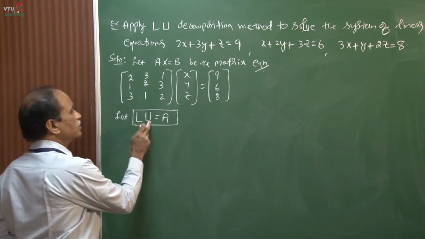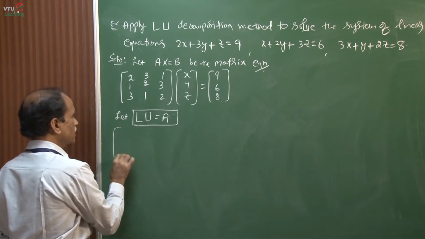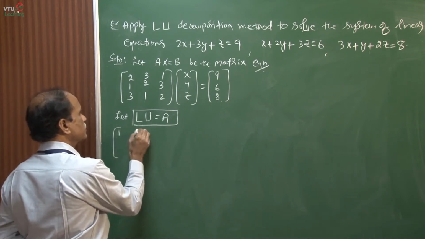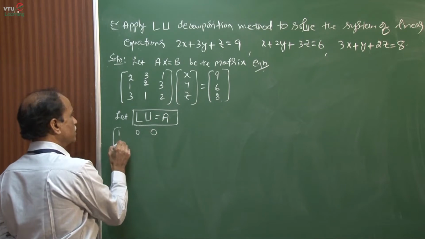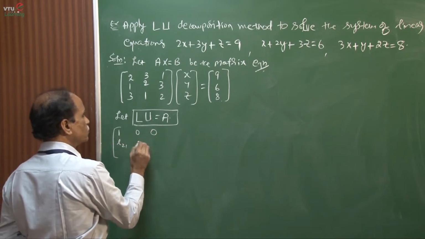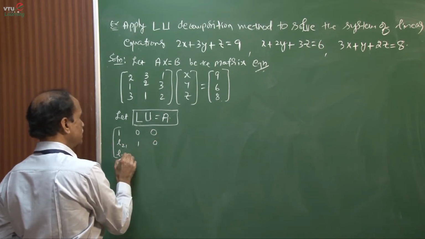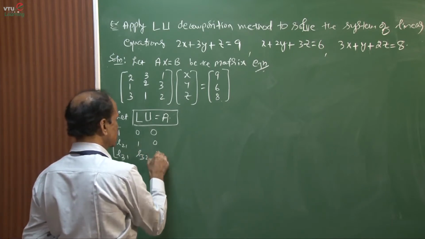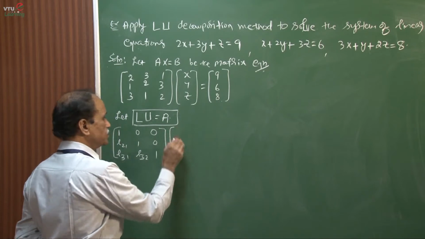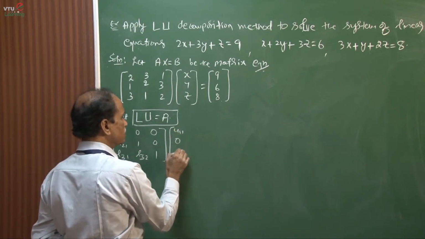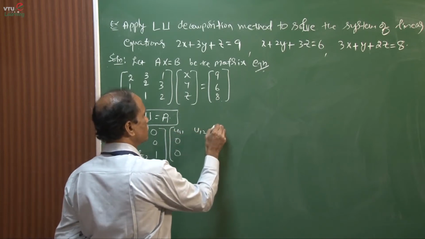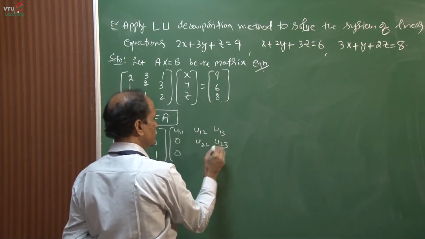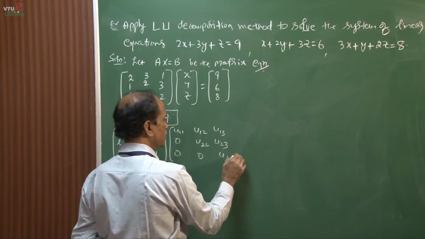Now, according to L into U, what I am going to write is L, that means 1, 0, 0, this is L21, this is 1, 0, L31, L32 and this is 1. Now, this should be U11, 0, 0, U12, U13 and U22 and U23, 0 and U33.